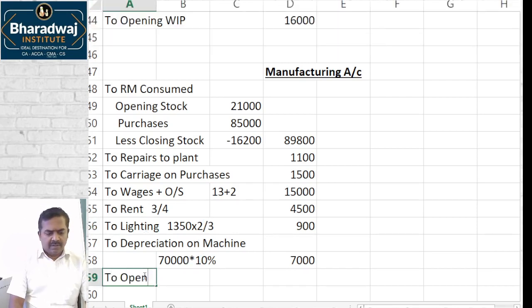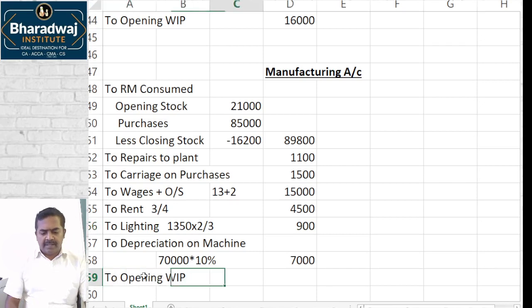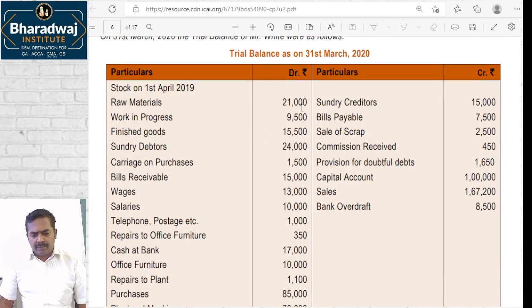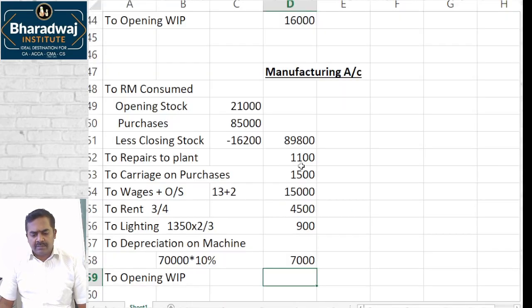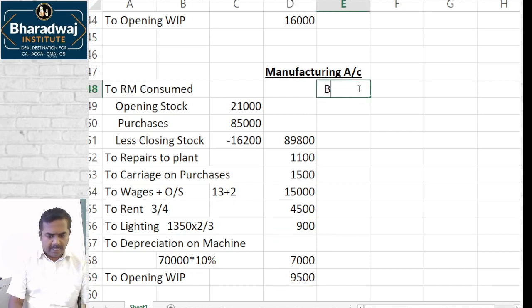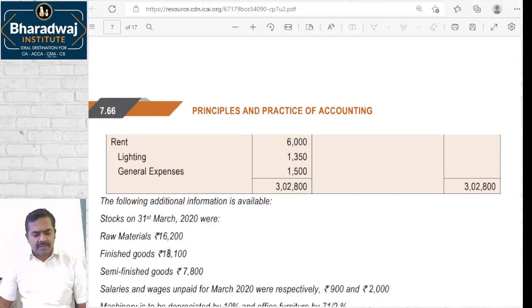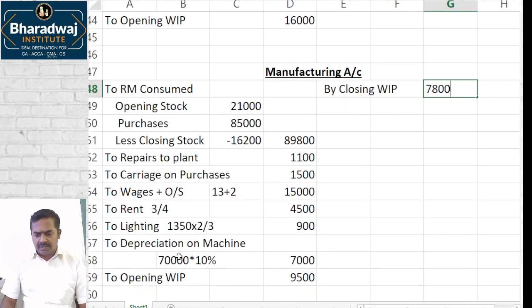Yes. Opening WIP will be debited. What is the opening work in progress given in the question? Opening work in progress 9,500 will be debited. By closing work in progress, it is given in the adjustment. Closing WIP, how much is given? 7,800, semi-finished goods, 7,800.